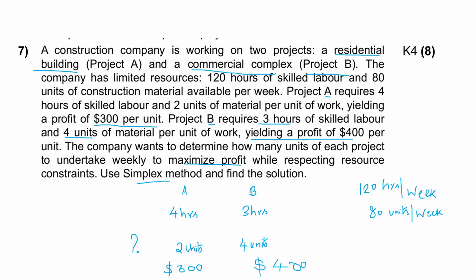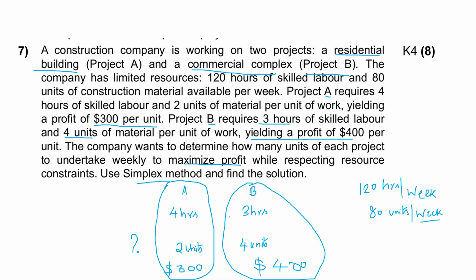So let's use the simplex method. Now you look at this, these terms are related to project A and these terms are related to project B. And you have the constraint that 120 hours could be utilized per week and 80 units have to be spent for 1 week.